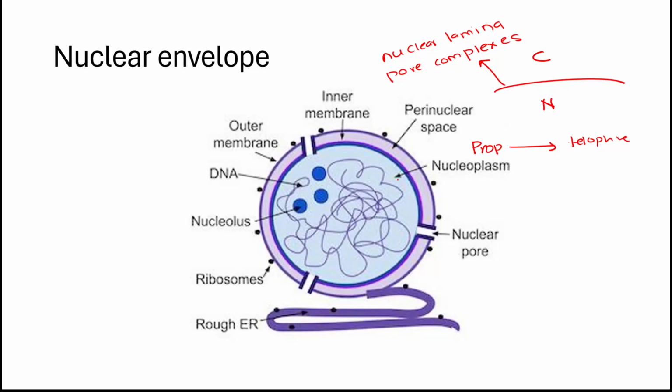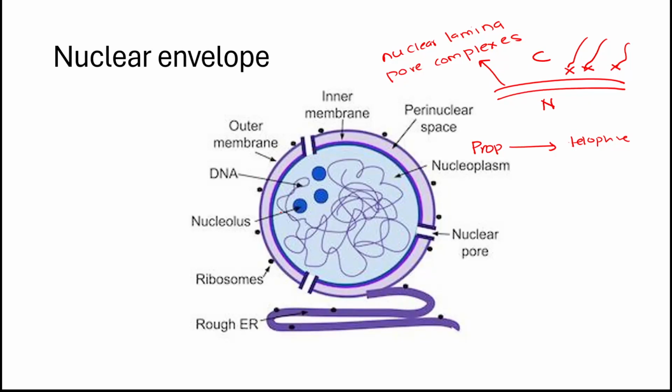The main function of the nuclear envelope is that it specifically regulates the material that is transported between the nucleoplasm and the cytoplasm, as well as providing anchoring sites for the cytoskeleton. So it is important in maintaining the integrity of the cell as well.